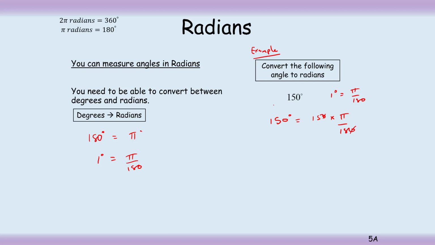Just trying to see what goes into 15 and into 18. 3. So if I change to a blue pen for my cancelling, 3 goes here 5 times and 3 goes here 6 times. So that leaves me with 5 over 6 pi radians. Okay, so hit pause, make some notes, and we'll look at another example.